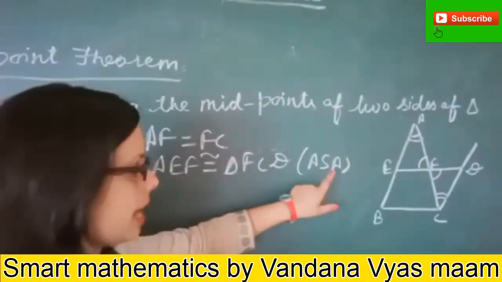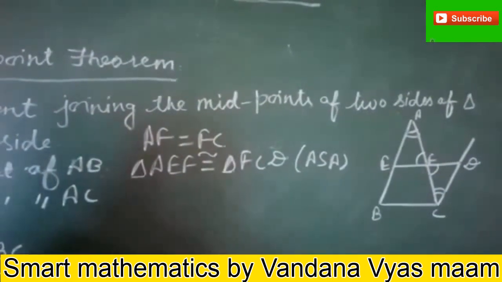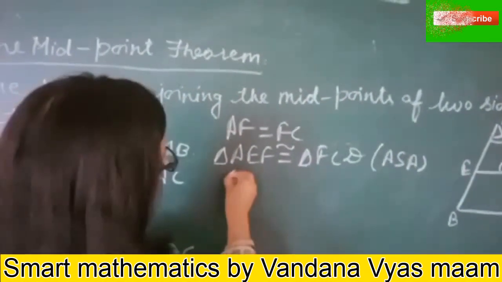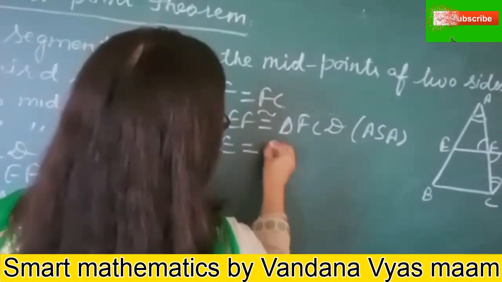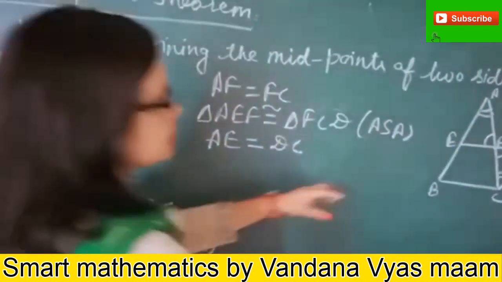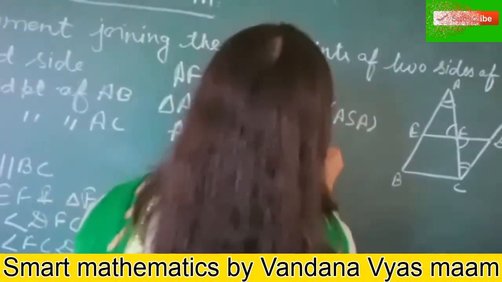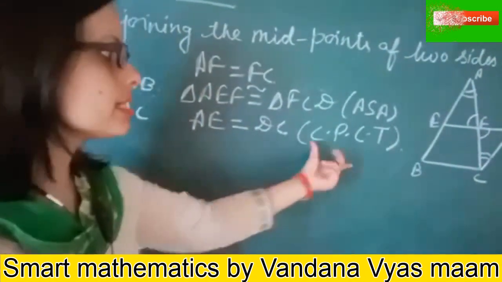Angle, side, angle. Clear? Two angles and one side. Now we know if these two triangles are congruent, then AE is equal to DC by CPCT, corresponding parts of congruent triangles.